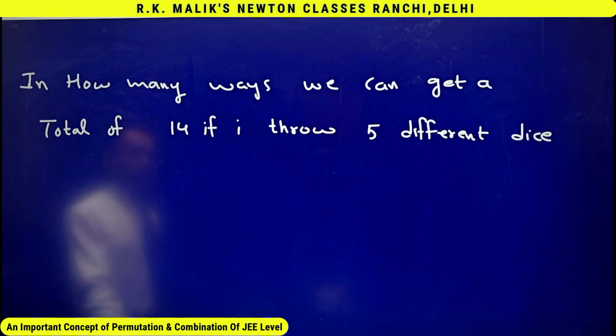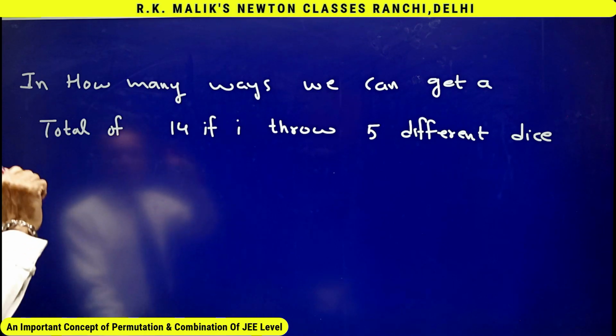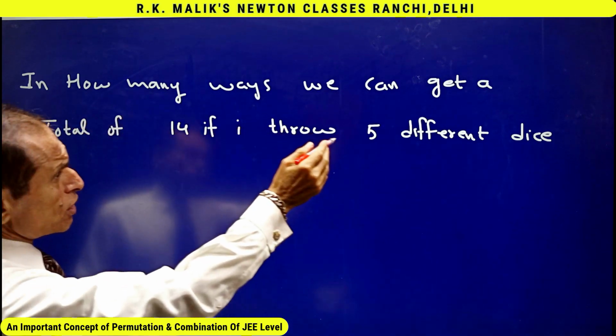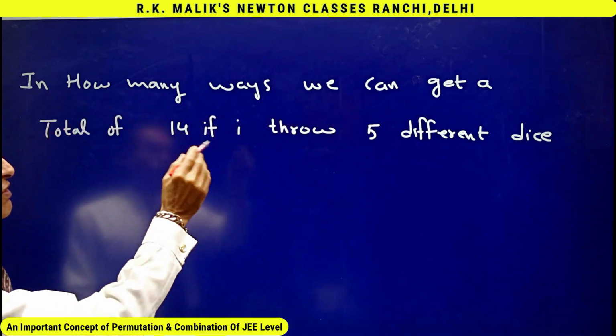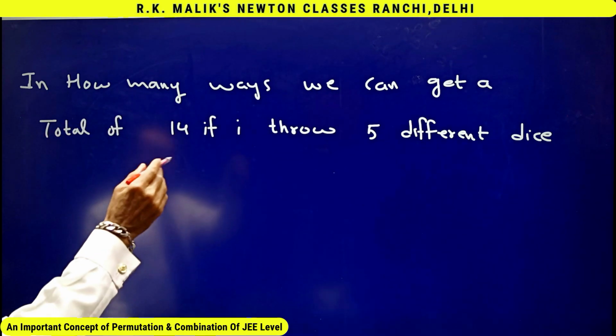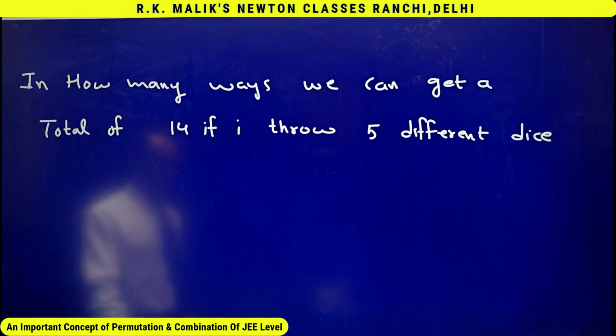And now let us do the original question, in which it was given that in how many ways you can get a total of 14 if I throw 5 different dice.